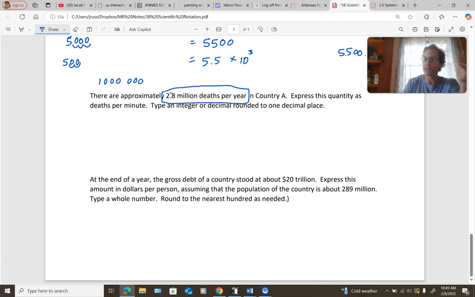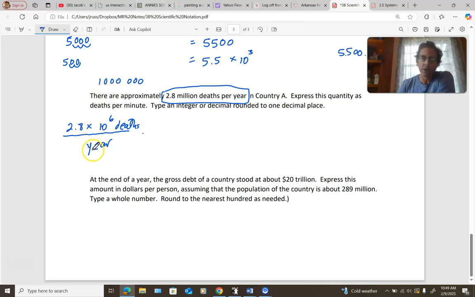These go in threes, so 1 followed by 3 zeros is 1,000, 1 followed by 6 zeros is 1,000,000, 9 zeros is 1,000,000,000, 12 zeros is 1,000,000,000,000, etc. So when it says 2.8 million, I could say 2.8 times 1,000,000, as a power of 10, which would be 10 to the 6th power. And this is deaths per year. So I'm going to put my year in the denominator there.